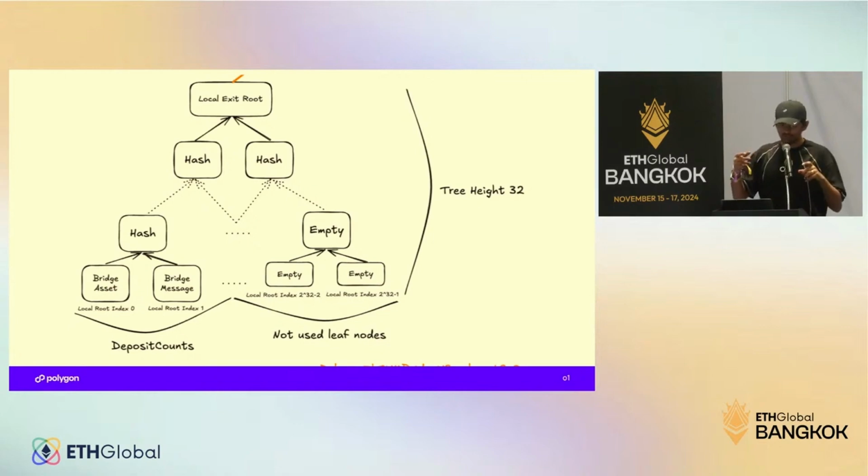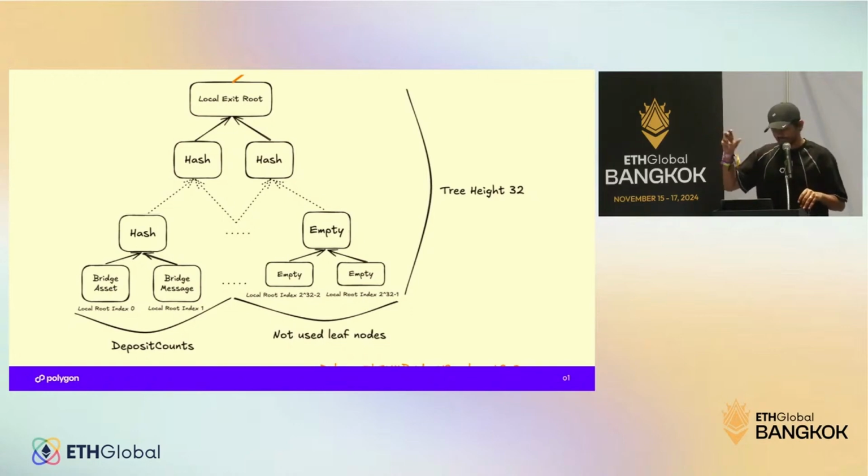As soon as you bridge your asset, the bridge asset will contain all the information regarding your destination chain, your destination address, your token amount, token address, etc. This information will be added into this Merkle leaf node, and it will hash two of the Merkle leaf nodes and create a hash for that.